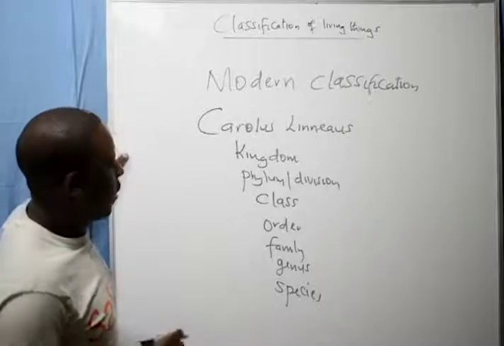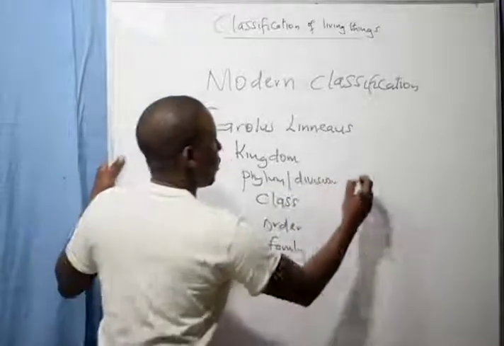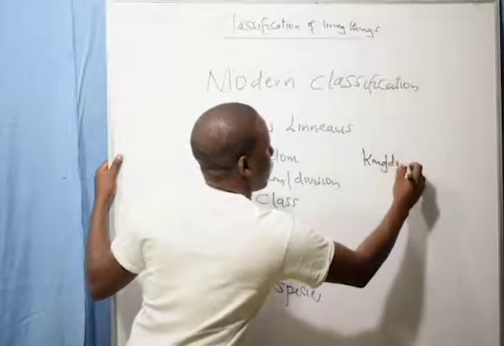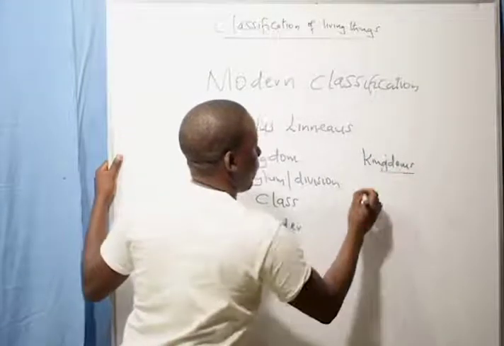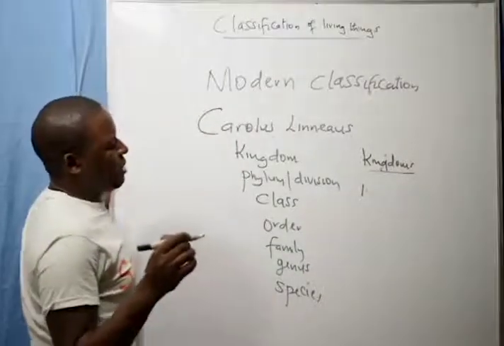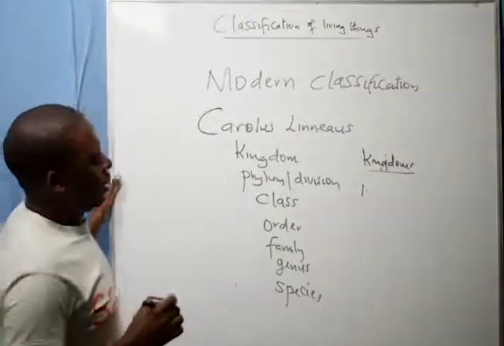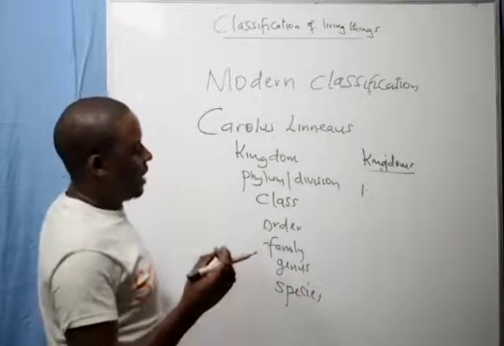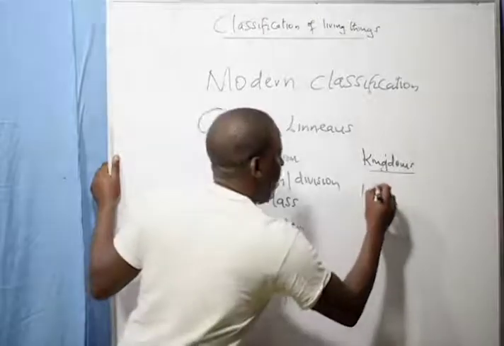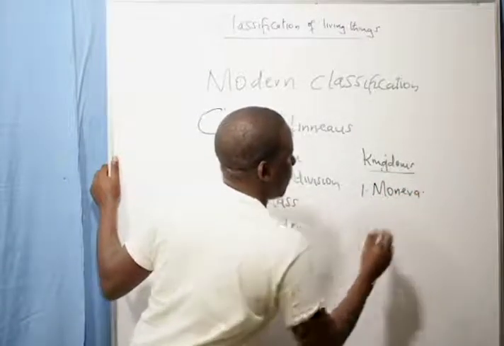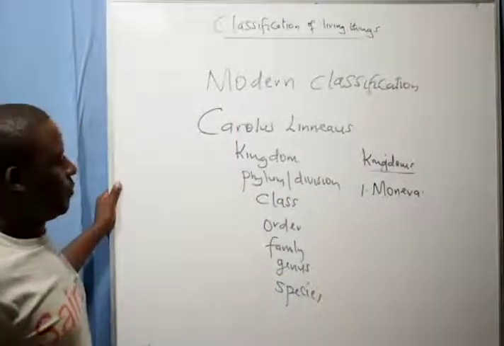These kingdoms are, from the smallest kingdom, which included the smallest organisms such as bacteria, algae. He placed them under kingdom Monera. That was the first kingdom.